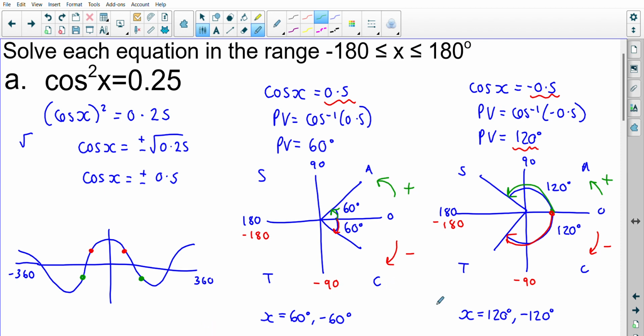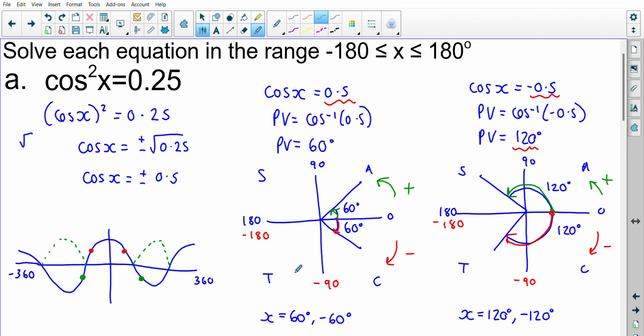If you want to explore this in more detail, you could use Desmos or GeoGebra, type in your original equation and see why all 4 solutions work for cos squared x equals 0.25. And actually what is happening is you're going to get everything squared, so all your y values are now positive, so it'll be a bit like this, the graph.